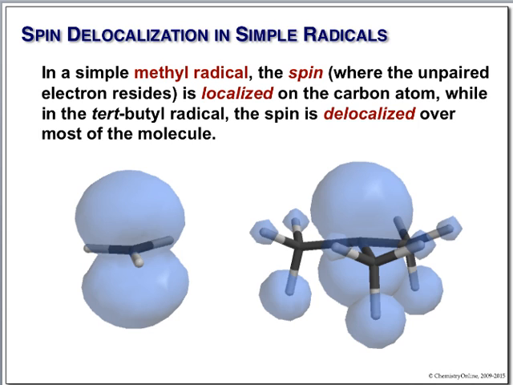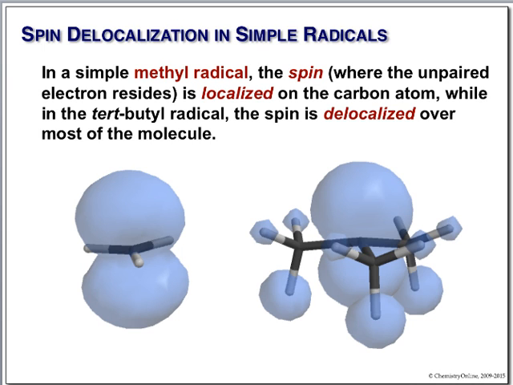Radicals are essentially sp squared, not quite, but essentially. And for the methyl radical here, if you calculate where the electron is, it kind of looks like it's in this sort of p orbital sort of thing, above and below. Fairly localized here on the carbon.